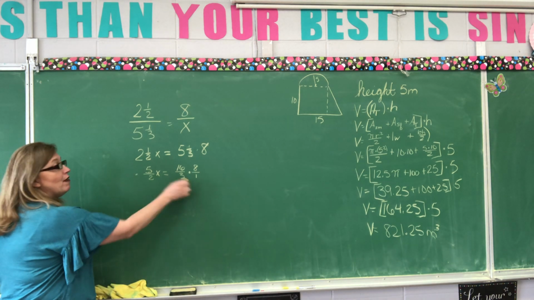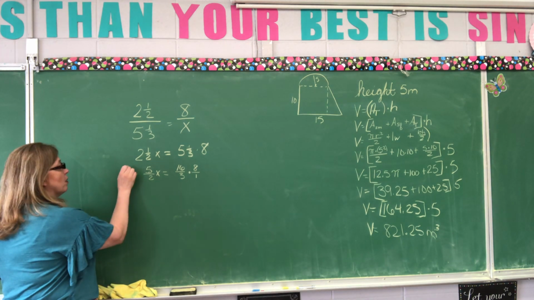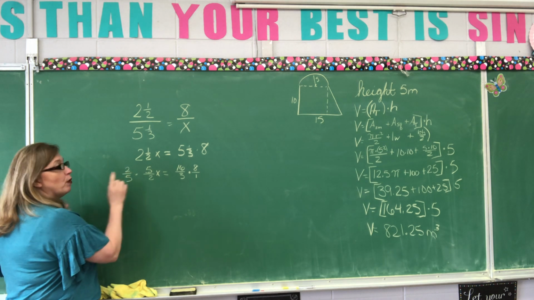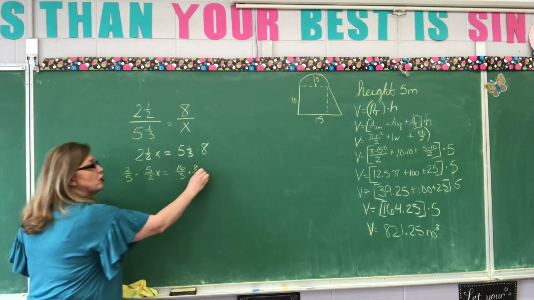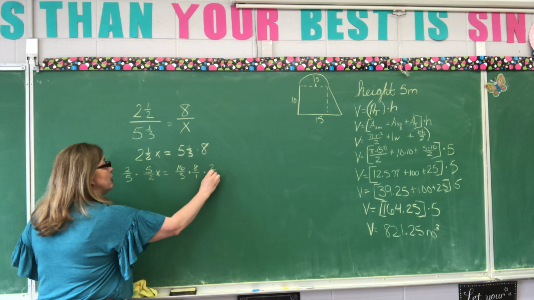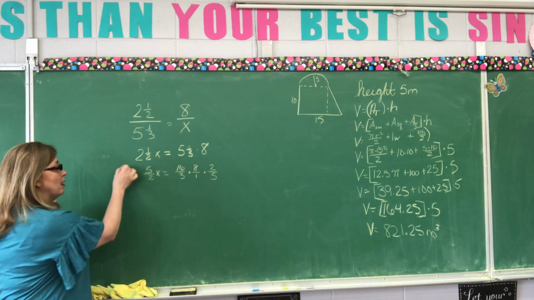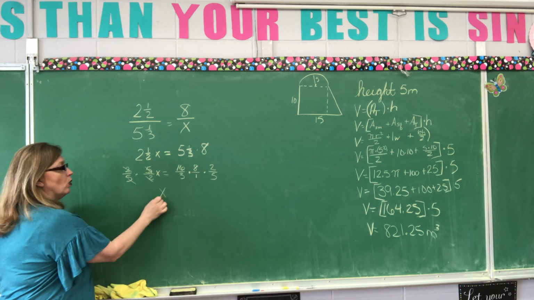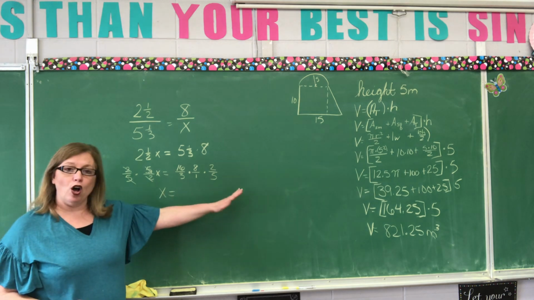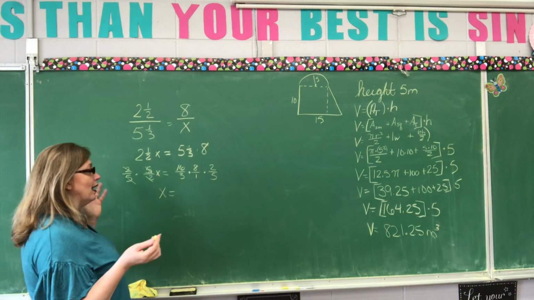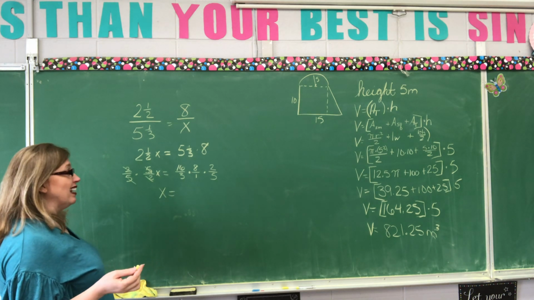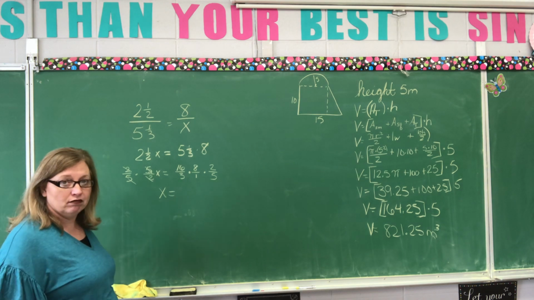Say, Mrs. Turner, you haven't solved that. Yes, I know. Put 2 over 5, but whatever I do on the left, I have to do on the right. Now, I can do all of this at one time. This cancels, leaving me only x. Now I can look at all 3 of these fractions and say, what can I cancel? I can cancel nothing.